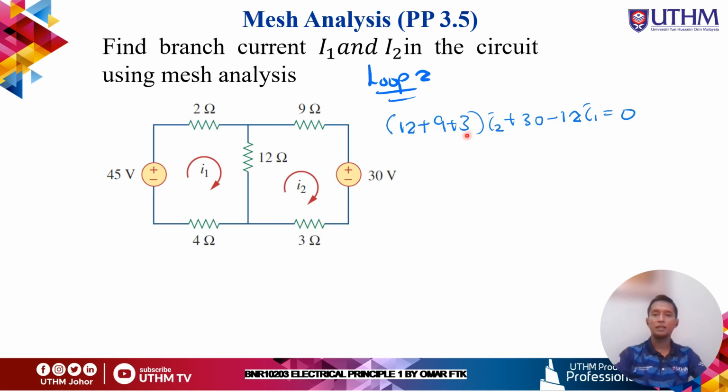From this we can simplify: 12 plus 9 plus 3 gives 24 I2, plus 30, minus 12 I1, equals 0. The plus 30 can be moved to the other side, or we can move I1 and I2 to the other side. So then we'll have 12 I1 minus 24 I2 equals minus 30.